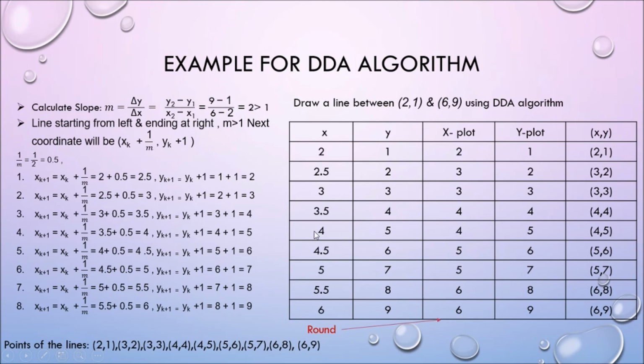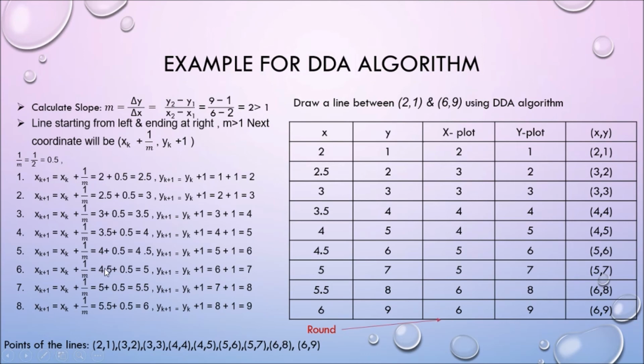Then the next value of x will be 4, and the next value of y will be 5. So the next coordinate will be 4, 5. Then we will repeat the process, 4.5, 6. So we will round it here. It will be 5, 6, and the next coordinate will be 5, 6.